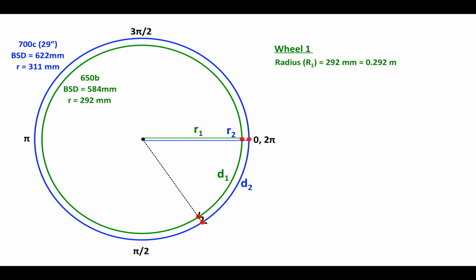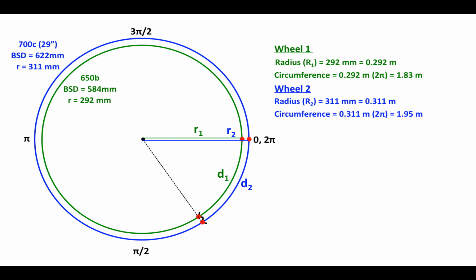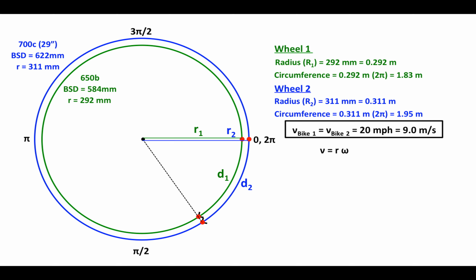Wheel 1, with a radius of 0.292 meters, has a circumference of 1.83 meters. Wheel 2, with a radius of 0.311 meters, has a circumference of 1.95 meters. So if the velocity of bike 1 equals the velocity of bike 2, let's say they are going at 20 miles an hour, which is about 9 meters per second.